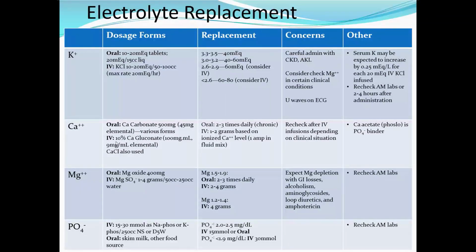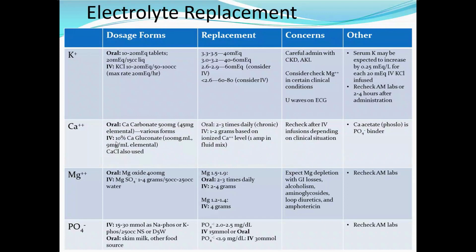Same thing with replacing the calcium. You can give it IV or oral. If I'm giving calcium as just a replacement for hypocalcemia, I'll typically give it orally. If I'm giving calcium for the purposes of achieving vasoconstriction or increased cardiac output, increased contractility, then I'll give it as an IV bolus or a push.